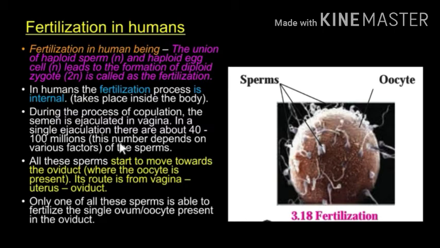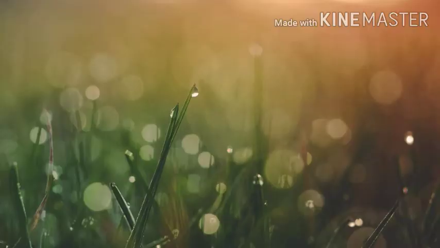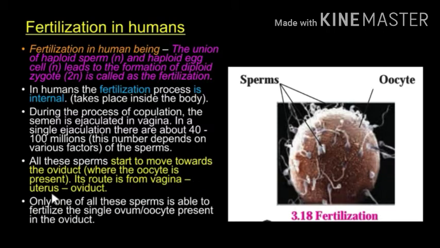This number depends on various factors. All these sperms start to move towards the oviduct where the oocyte is present. Its route is from the vagina via the uterus to the oviduct. Only one of all these sperms is able to fertilize the single ovum or oocyte present in the oviduct.